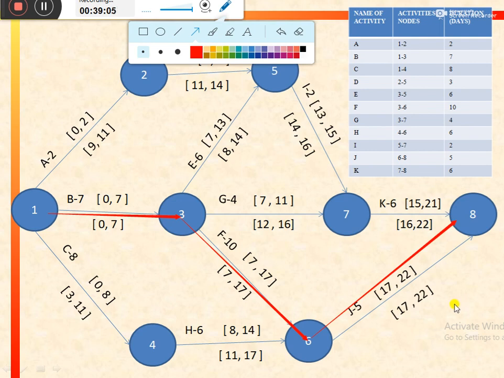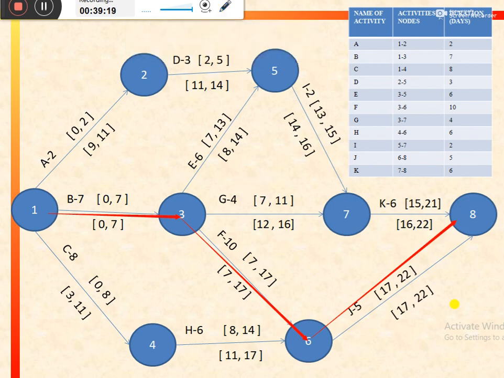And what would be the meaning of being the critical path? It would mean for management that they should focus on the completion of this path, because a delay in any activity of this path would result in a delay of the whole project, as the duration of the whole project is equal to 22 days, and this path also has a duration of 22 days.